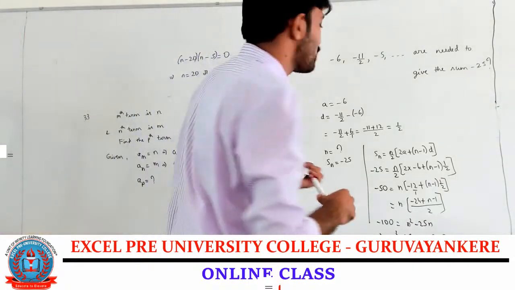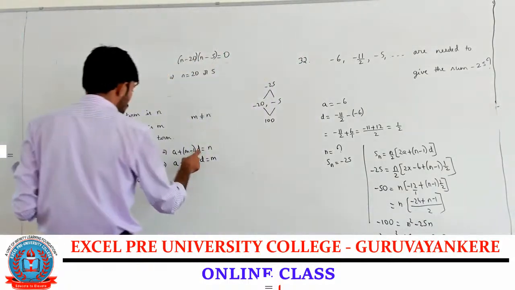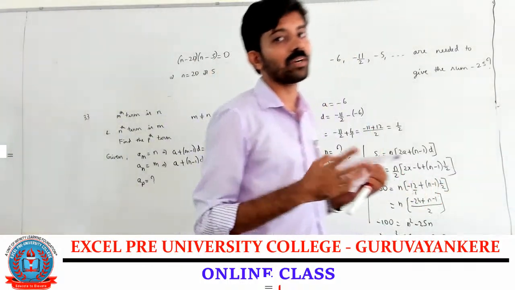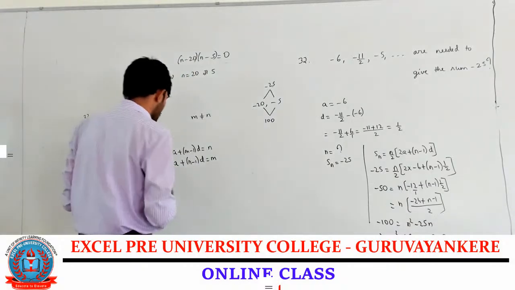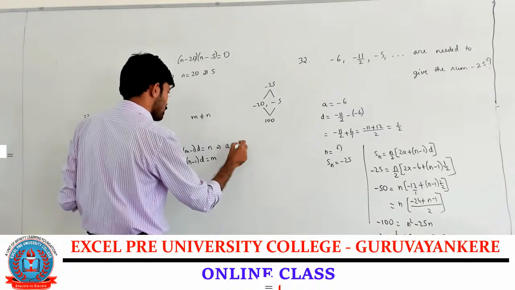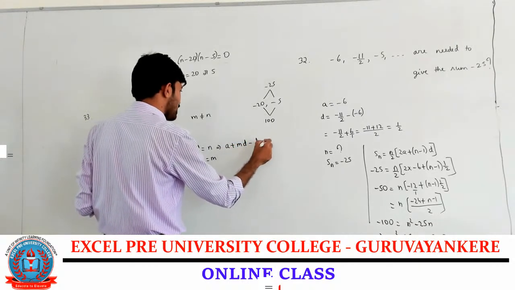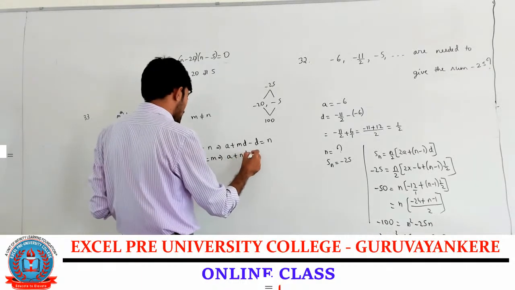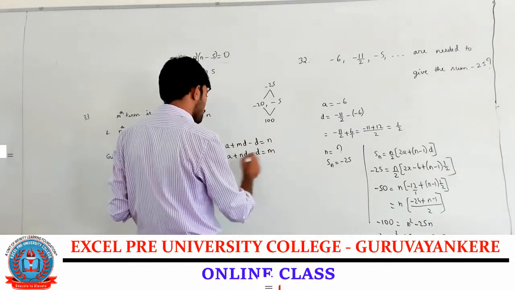Solve these equations. a plus md minus d equal to n. a plus nd minus d equal to m.